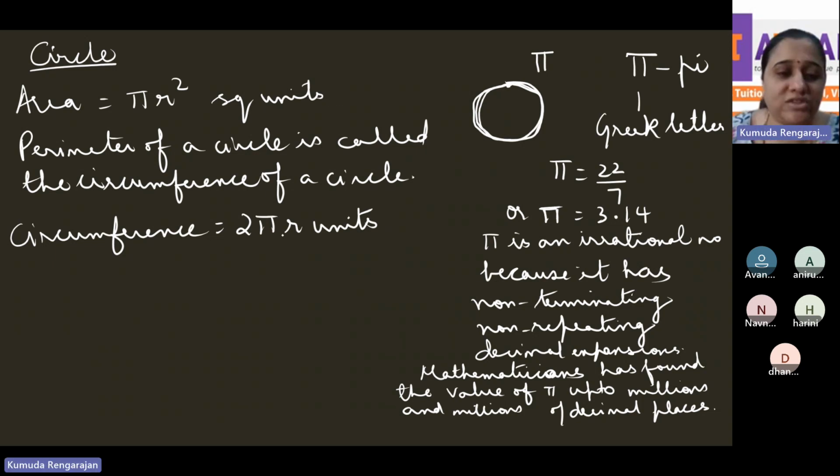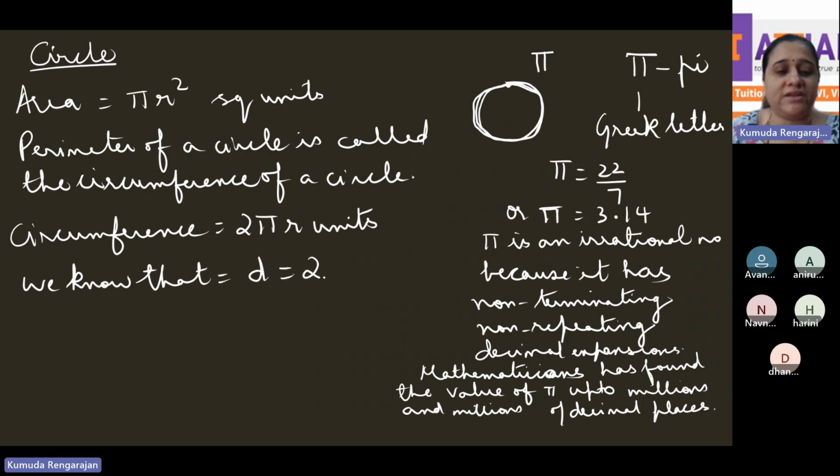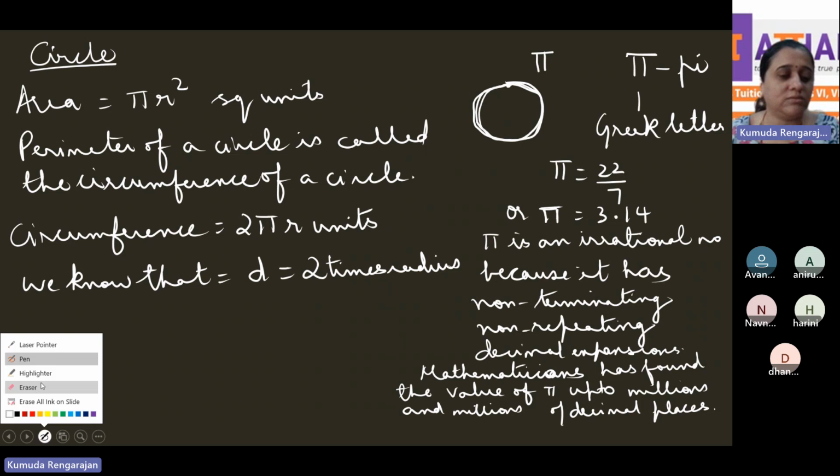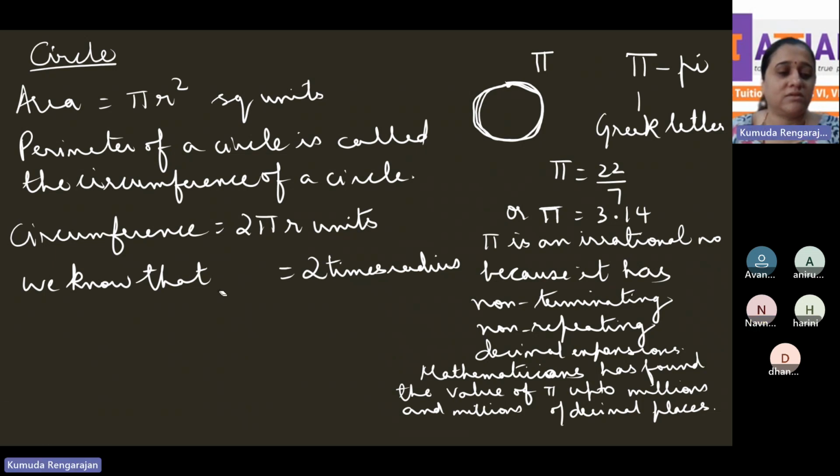Now, we use this formula 2 pi r to find the circumference of the circle if radius is given. Now, we know that diameter is equal to 2 times the radius. Correct?